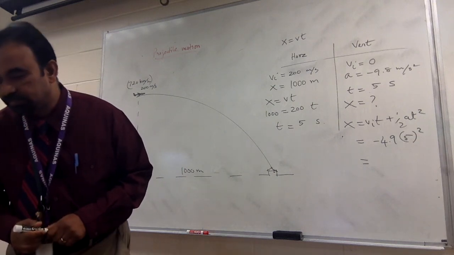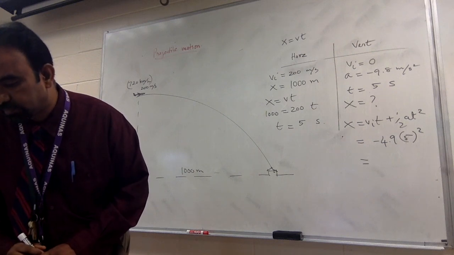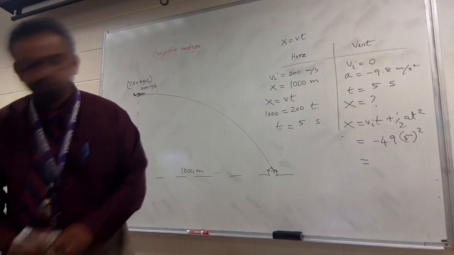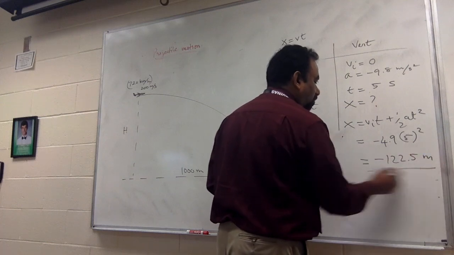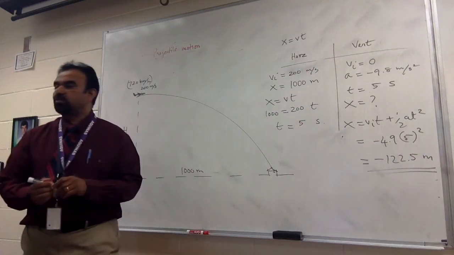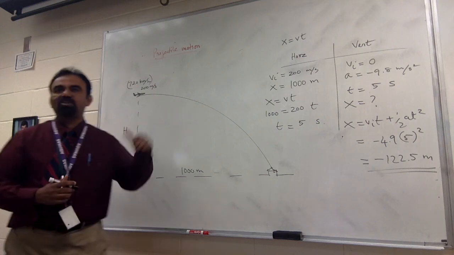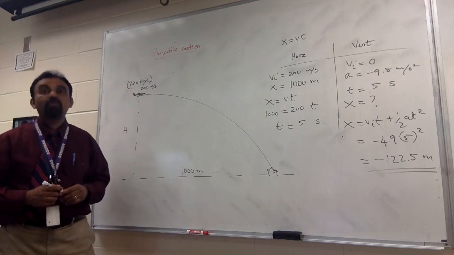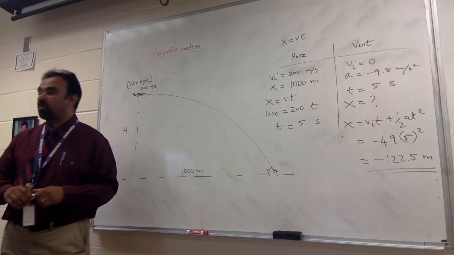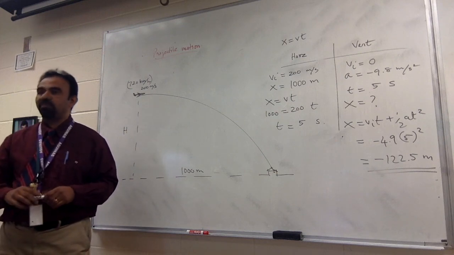Negative 122.5 meters. Why is there a minus sign? Because it's going down. The bomb is actually going down, that's why the minus sign. So what is the height from which you should drop it? 122.5 meters. Did you get it?